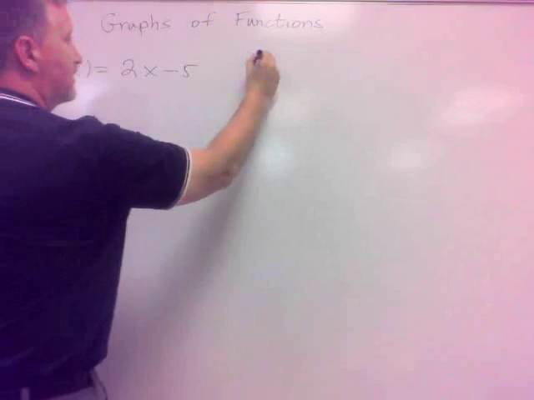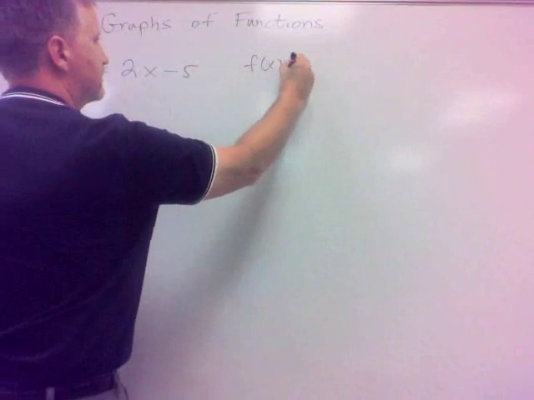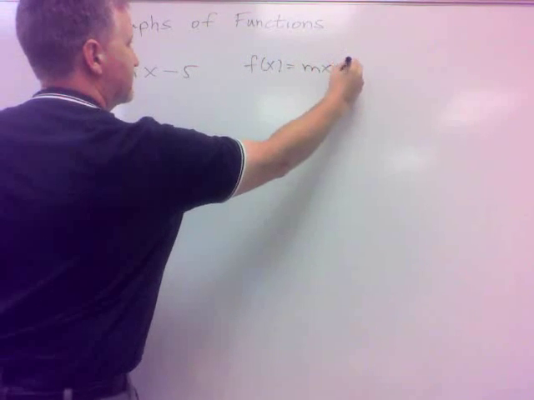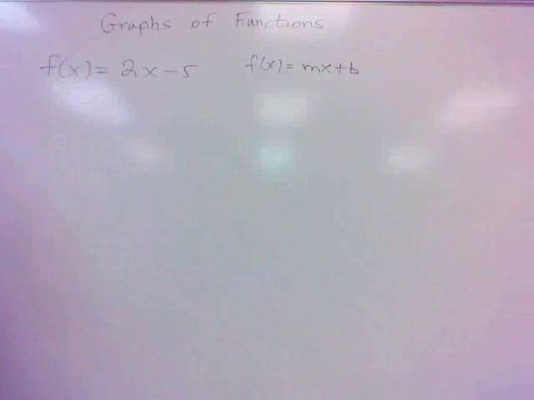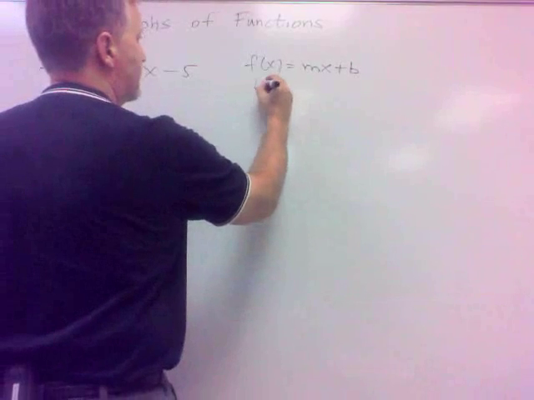If we have f of x equals mx plus b, what do we know about that particular function? What shape graph does it have? It's going to be a line, right? So this is called the linear function.